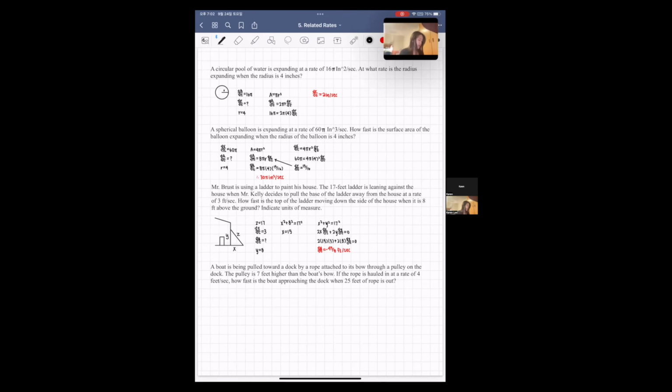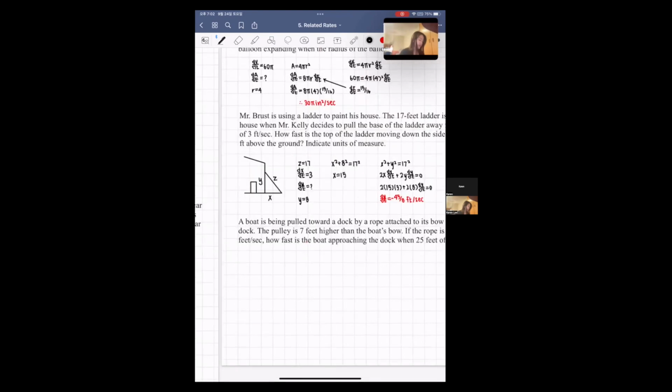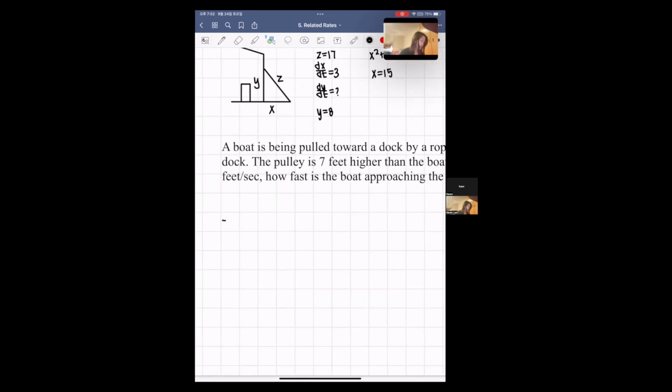Basically, this is a similar thing that it's sort of hard to understand, but I'll draw a diagram. Basically, what this is saying is that there's a triangle, and then the boat is here.